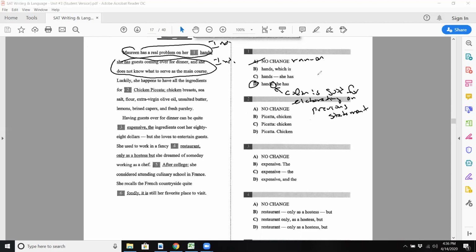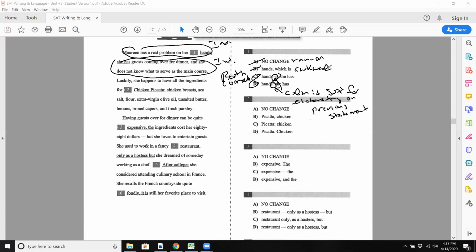Interestingly, the dash does the same thing. So these are both correct. So you won't see it on the real thing. This is a typo from the people who made these materials. B just sounds awkward. Guest coming over for dinner sounds really awkward.